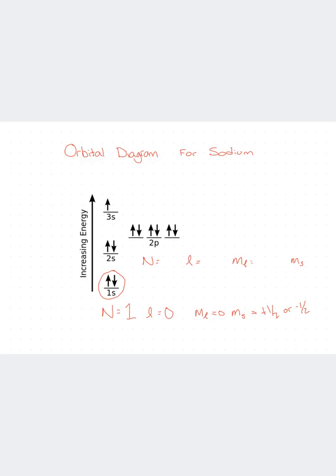If we look at N equals 2, L equals 0 and 1. So 0 is right here, 1 is right here. Our m sub L values are -1, 0, or 1, which we can see represents these three different sections.